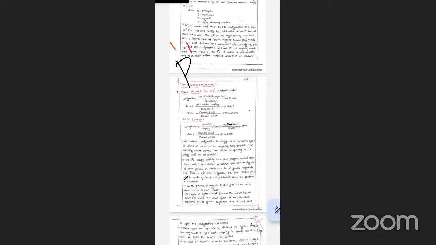Generally, we write the configuration, but the electron is not only present here; the probability is there that it is present here also, and here also. The electron can be present here in different orientations, like this, like this.